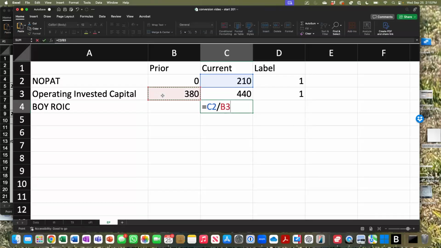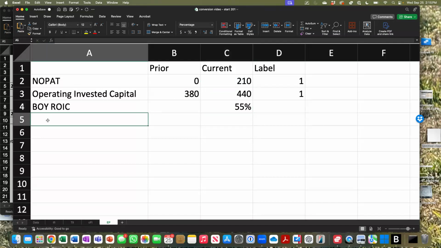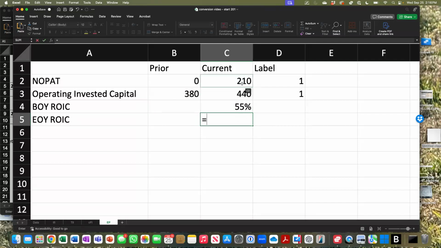That's BOY ROIC, and that would give us 55%. If I had asked you to do end of year EOY ROIC, you would take the 210 divided by the 440, and that would get you 48% for ROIC.